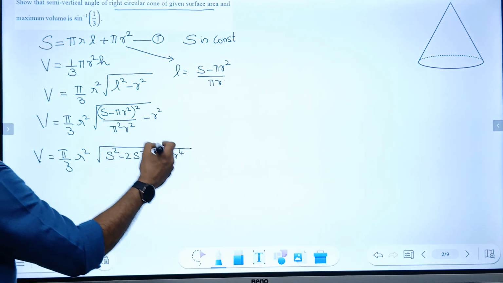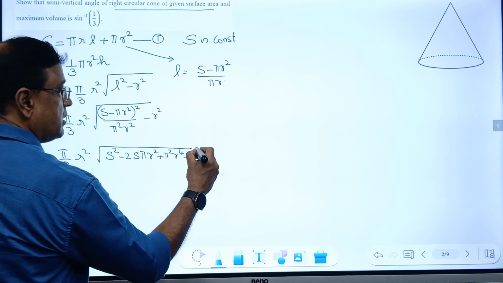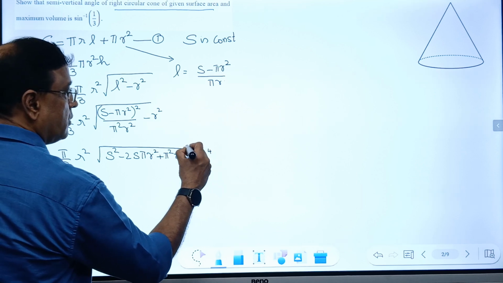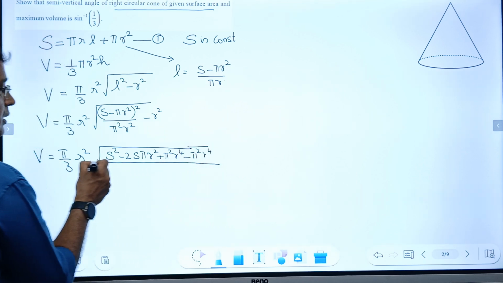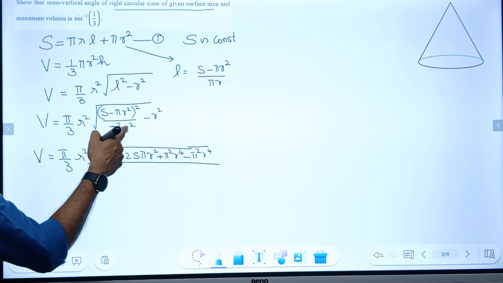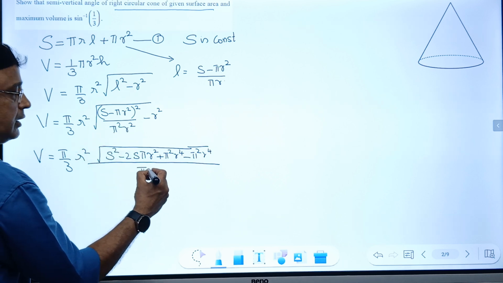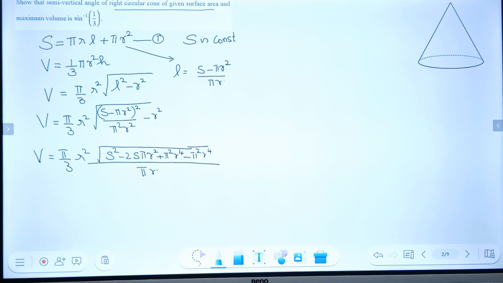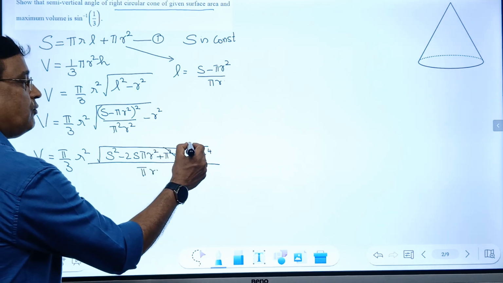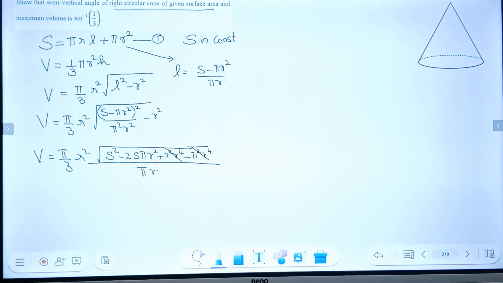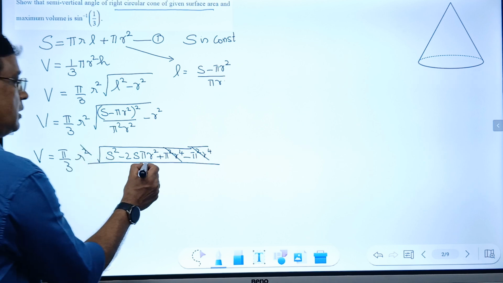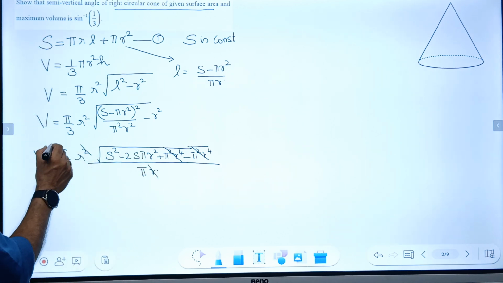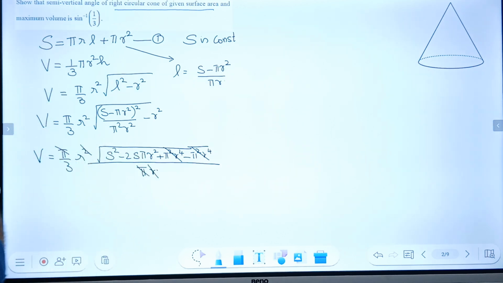When I take LCM, I get minus pi square r power 4 divided by, when I take square root of pi square r square, I get pi r. Now you can see pi square r power 4 gets cancelled, r and r gets cancelled, pi and pi gets cancelled. And I want to get rid of the square root.